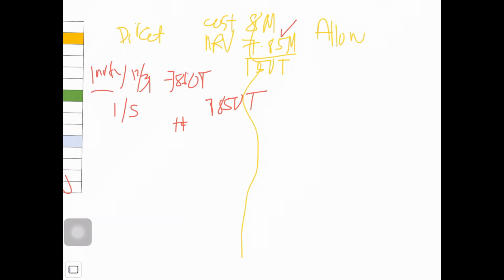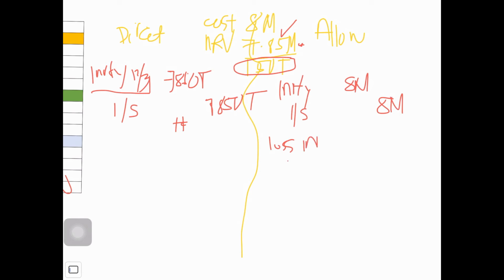However, for allowance, so the inventory we record is still the cost, 8 million. Income summary, 8 million. However, in order for us to arrive at the NRV, we record separately the 150,000. And we record it as loss on inventory write-down and then allowance for inventory write-down, 150,000.